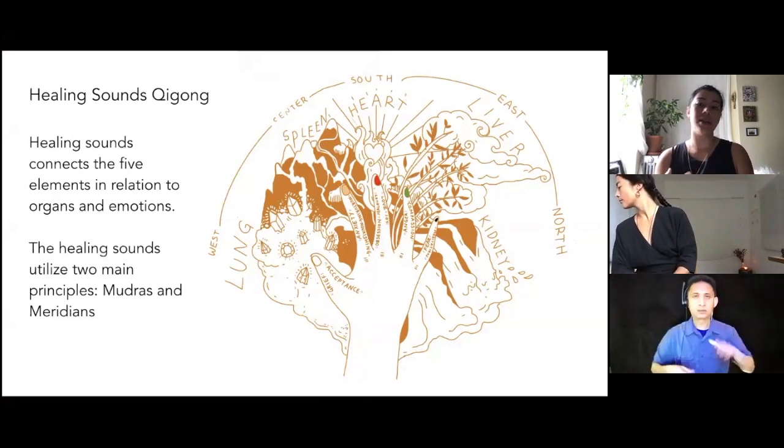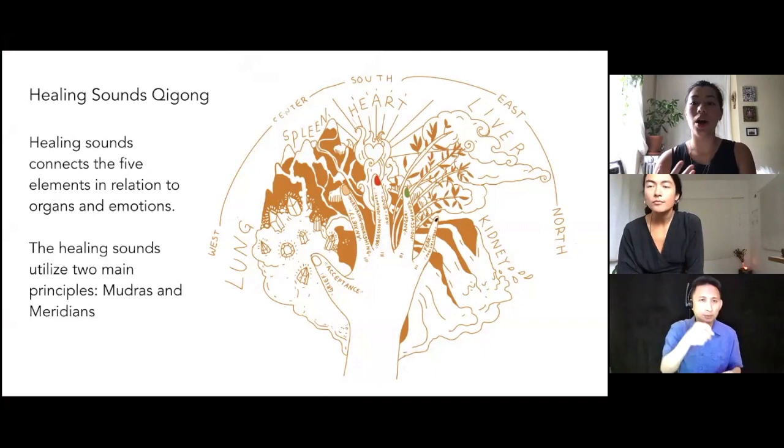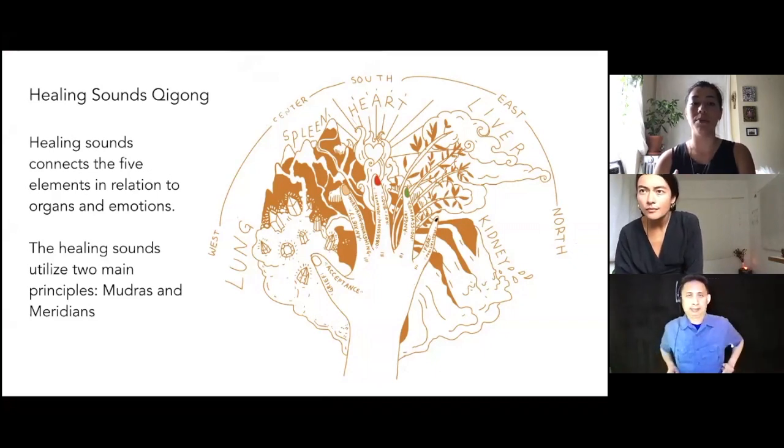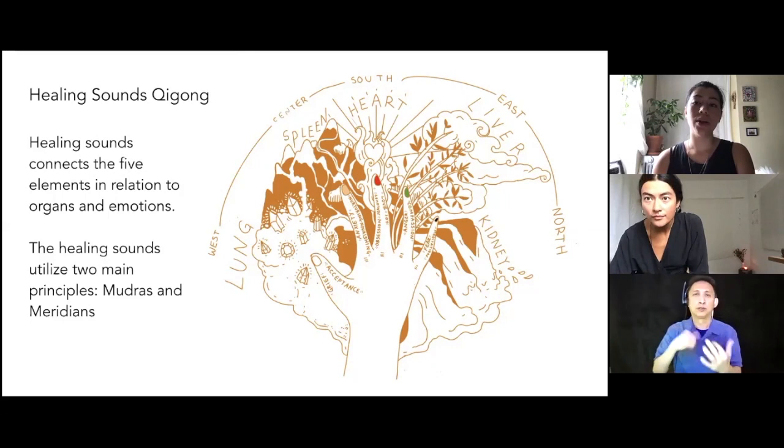As you can see in this illustration, we have the lung, spleen, heart, liver, kidney, also associated to phases or elements such as metal or gold, earth, fire, wood and wind, and water.